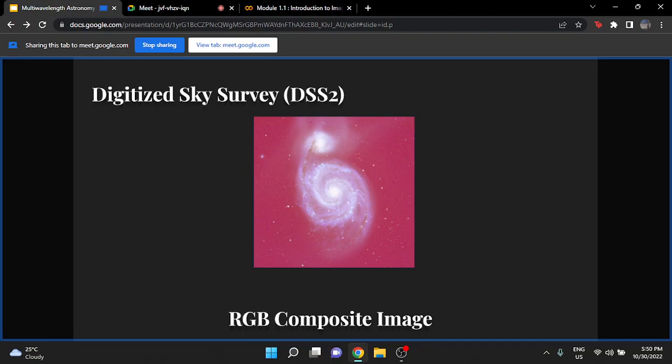If you're spending energy faster, that means you'll spend it in a very short time. I'll say that again. Blue stars, since they have higher temperature, must have higher energy output. If they have higher energy output, they must be dying fast. So all the stars that you see in blue by this logic are young.